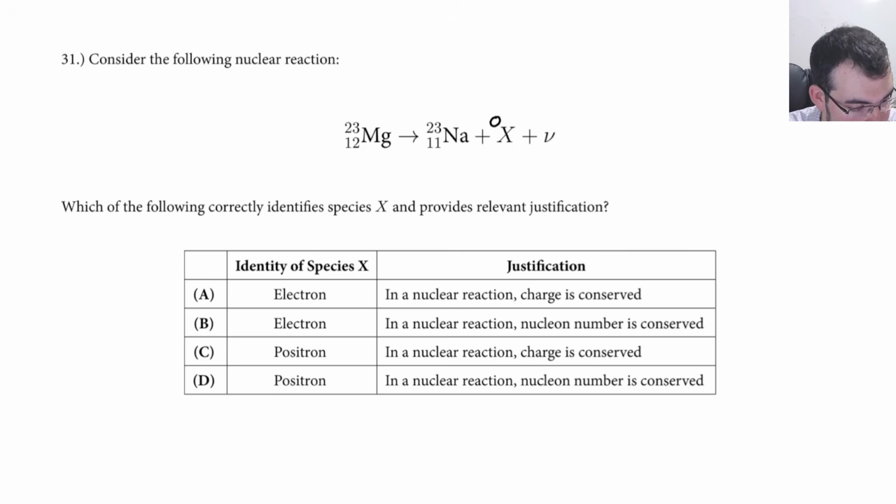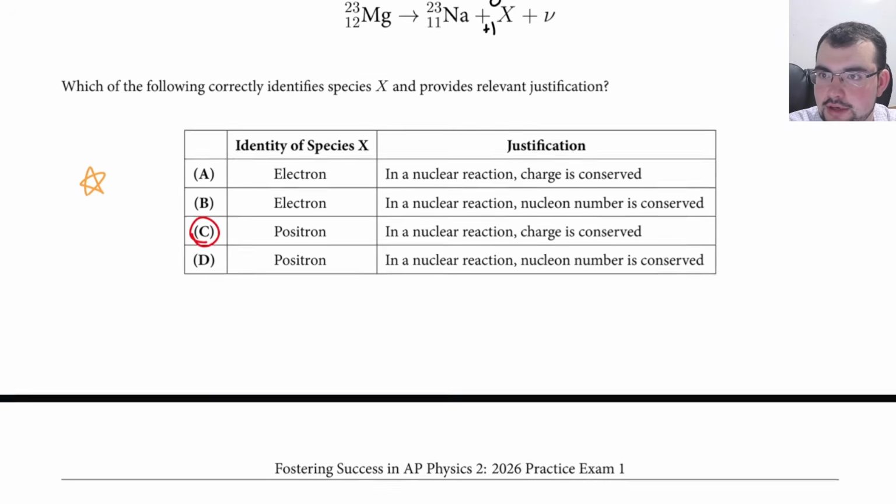But we need the charge to add up to 12. So this needs a charge of +1. So in order to conserve charge, we need a particle with no nucleons but a positive elementary charge unit. So that would be a positron. And this is because of charge conservation, not nucleon conservation. Pretty standard there.